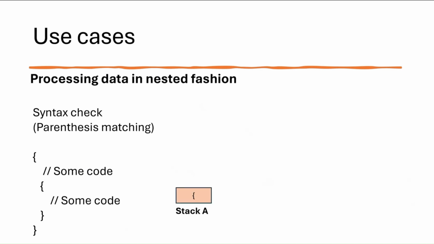It will keep on putting the opening brackets on the stack, and once it sees a closing bracket, it will check whether the top matches the bracket type, and remove it. Then when it sees the next closing bracket, it will remove that from the stack and go on further. And now the stack is empty, which means it is valid.